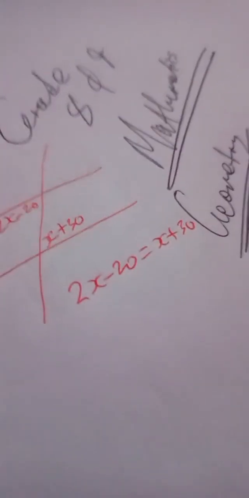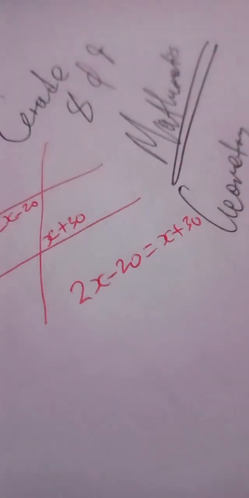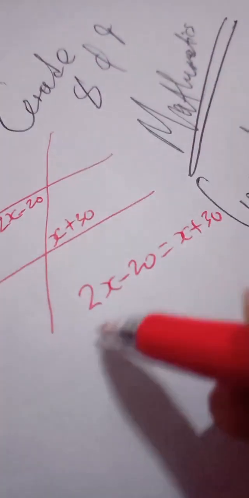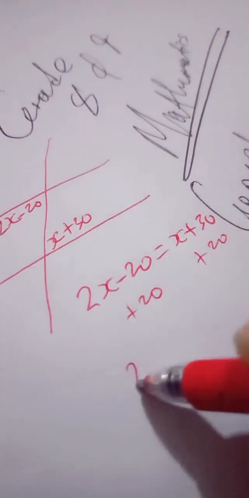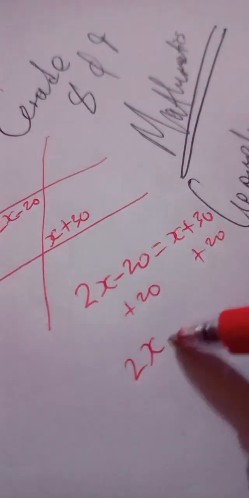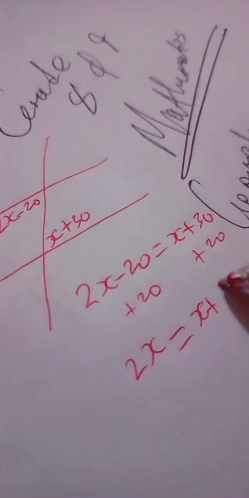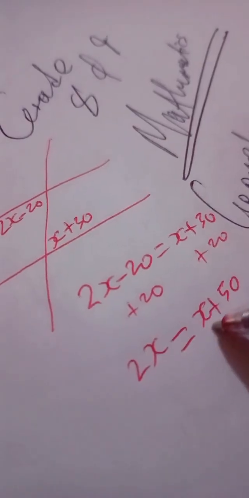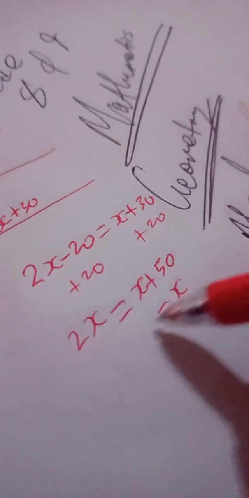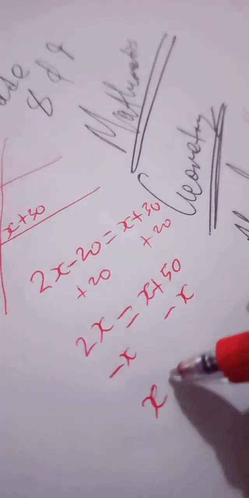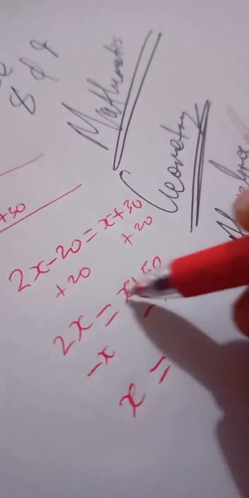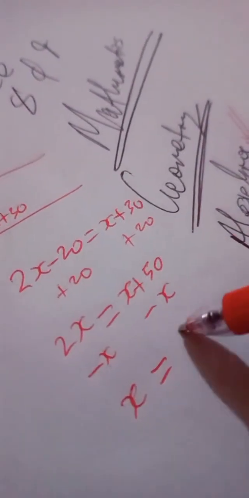So we add 20 on both sides, whereby 2x is equal to x plus 50. We want to remove this x, so minus x. 2x minus x we're left with x, and x minus x is 0, so it's gone. x is 50.